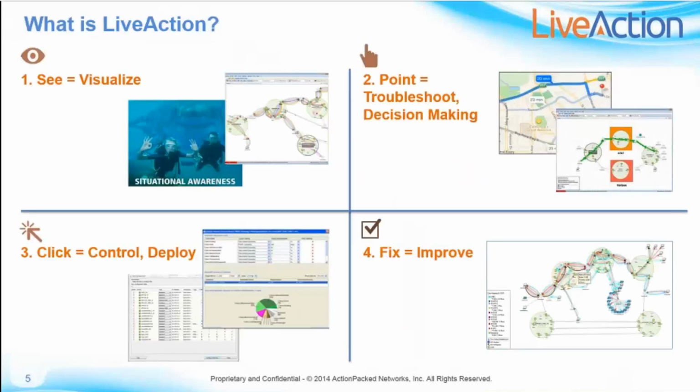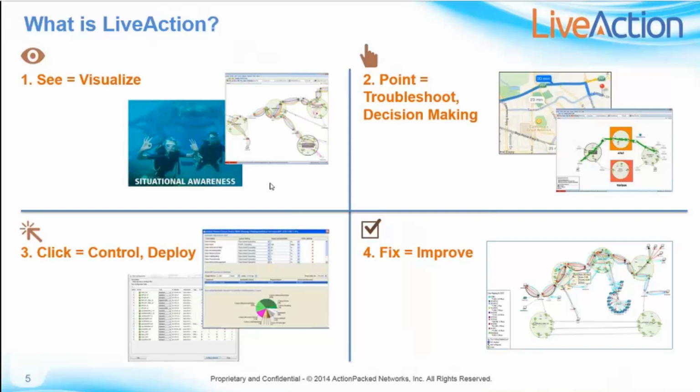So what is LiveAction? LiveAction really today is about see, point, click, and fix. The ability to visualize the network from a holistic view through a graphical GUI, and to point and pinpoint and troubleshoot and make decisions based off the actual map itself.